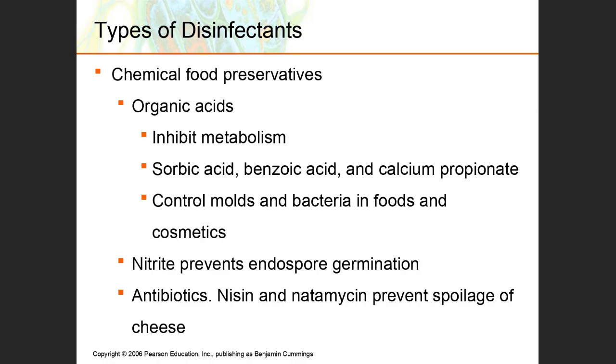But natamycin is not an antibiotic that you can take to treat an infection. That's not how this one is used. But they do add bacteriocins to food products, especially meats, like hot dogs, prepared, fake meat like that, to help prevent bacteria from growing in it.